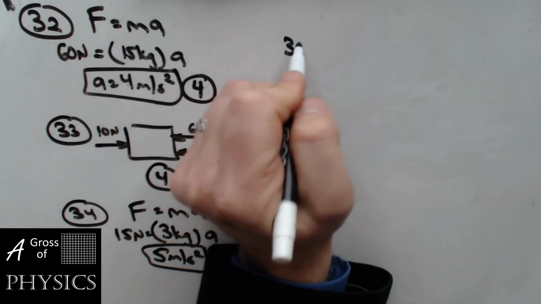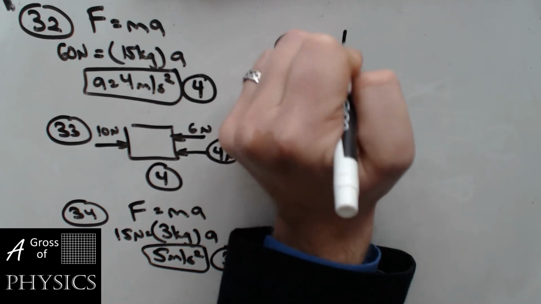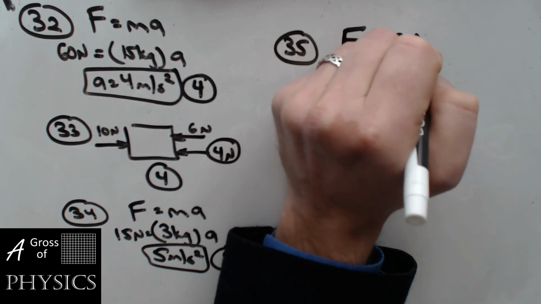And then finally 35. The weight of an object is determined at 5 distances from the center of the Earth. What's the mass of the object? So we have the distance, we have the weight. We want to find the mass. So I'm going to use the big G equation.